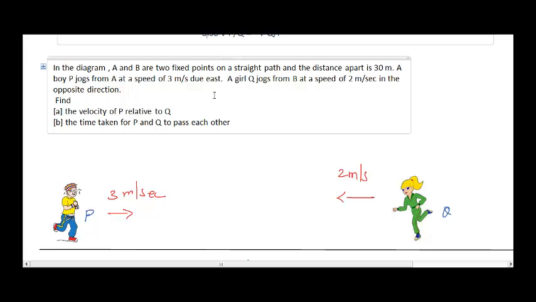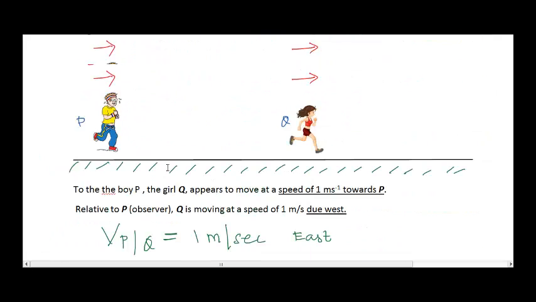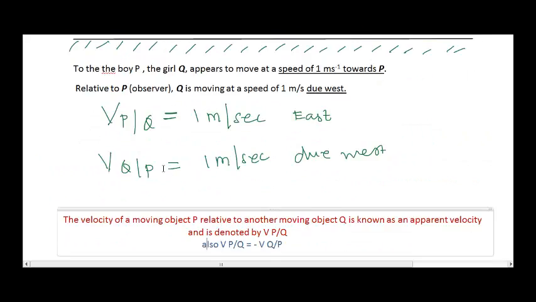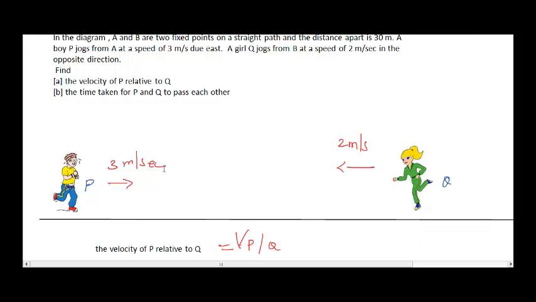Now look at this question. The diagram: A and B are two fixed points on a straight line path, and the distance between them is 30 meters. A boy P jogs from A at a speed of 3 meters per second due east. A girl Q jogs from B at a speed of 2 meters per second in the opposite direction. In the previous case, we considered both in the same direction, and now they are in opposite directions.